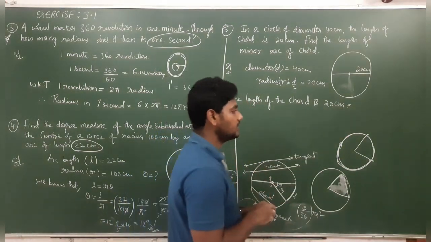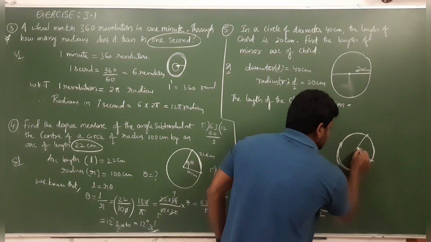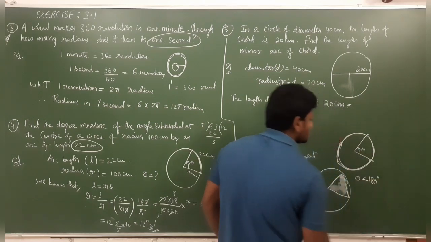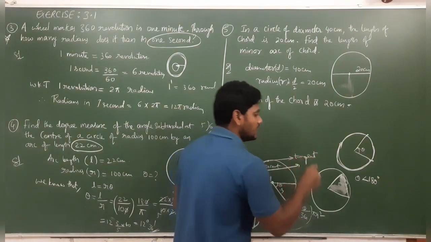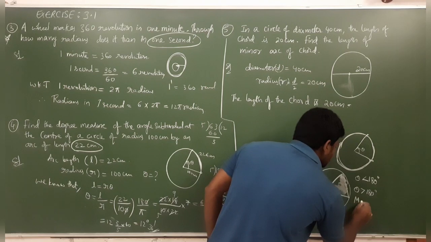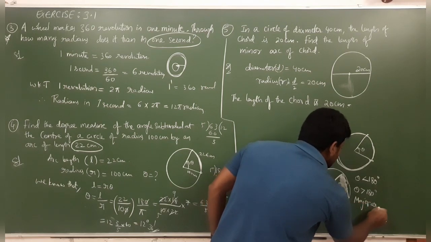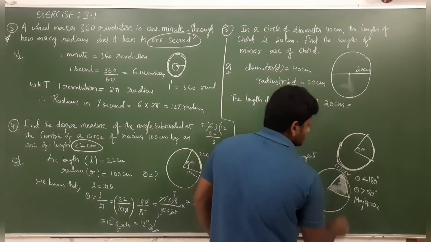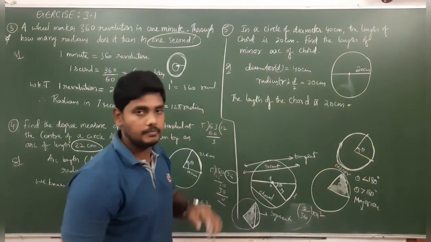See how to identify the difference: if that angle theta is less than 180 degrees, it means minor arc, and theta greater than 180 degrees means major arc. Understand the difference? Theta less than 180 means minor arc, theta greater than 180 means major arc.